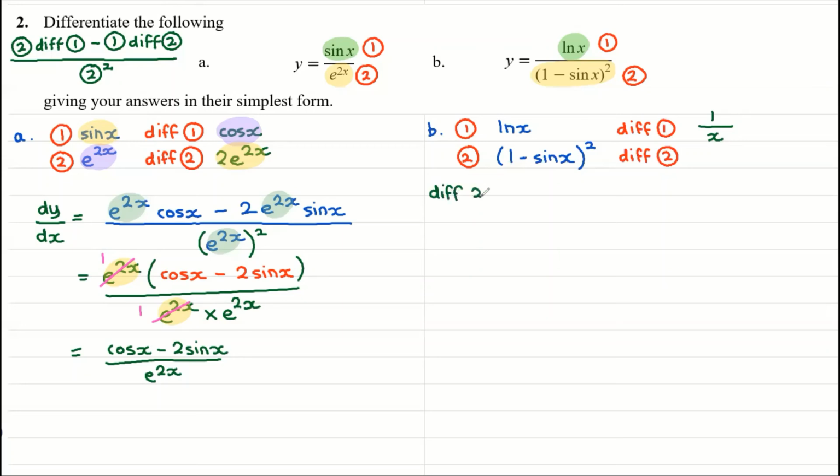So the derivative of 2, I'm just going to say, first of all, let w equal 1 subtract sine x all squared. Okay, and now we can define our two composite functions.